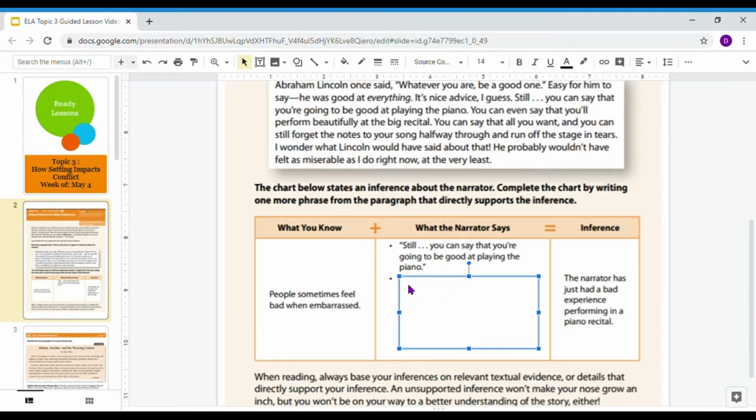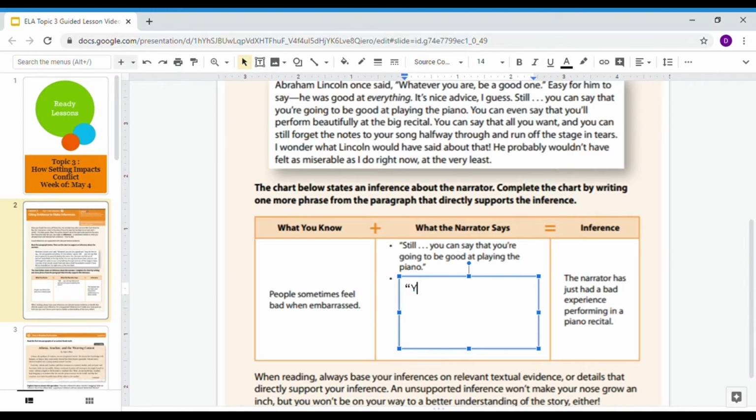Our next detail that I think is very helpful to get to our inference is the next sentence: you can say that all you want and you can still forget the notes to your song. That seems like a bad day.